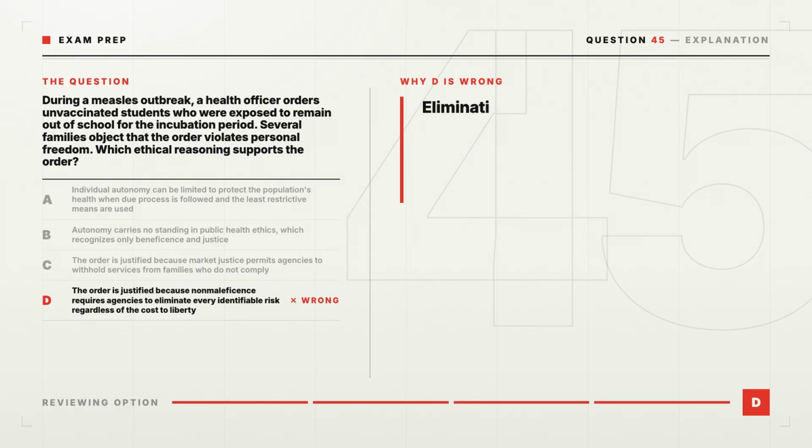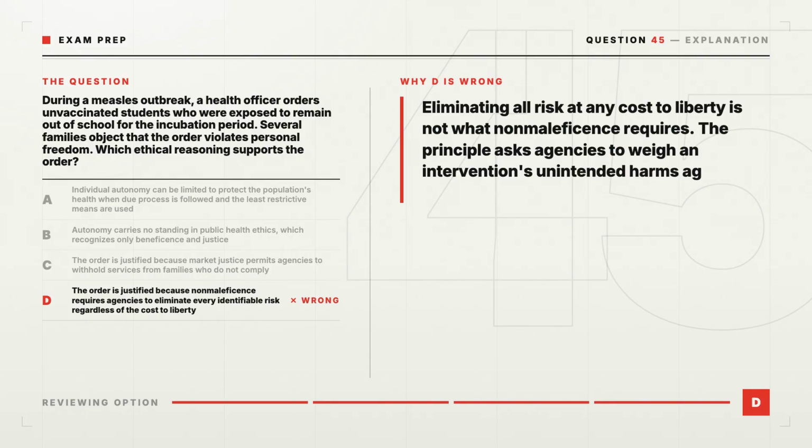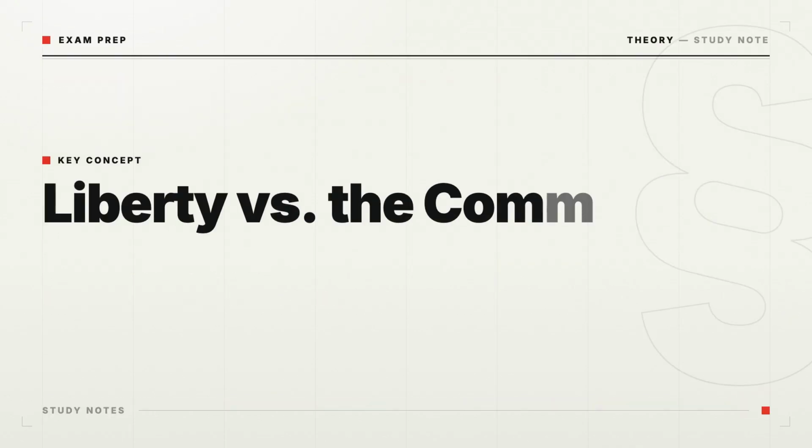D is wrong because eliminating all risk at any cost to liberty is not what non-maleficence requires. The principle asks agencies to weigh an intervention's unintended harms against its benefits, which implies proportionality rather than absolutism.